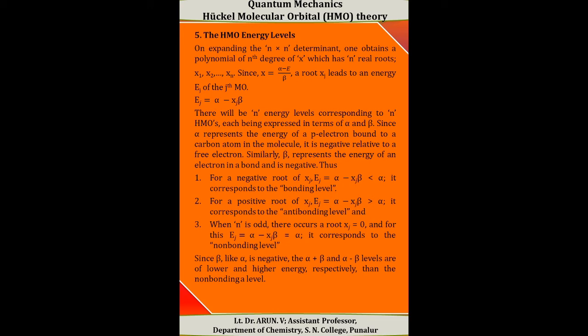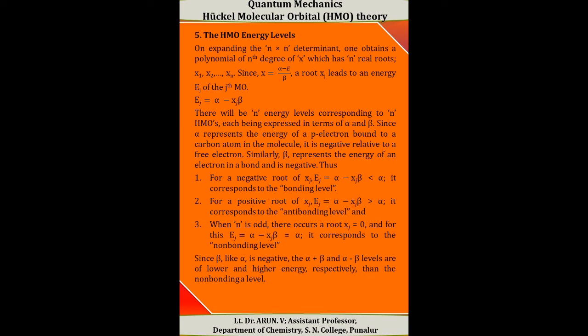Thus, for a negative root xj, Ej equal to alpha minus xj beta is less than alpha. It corresponds to the bonding level. For a positive root xj, Ej is greater than alpha, and it corresponds to the antibonding level.